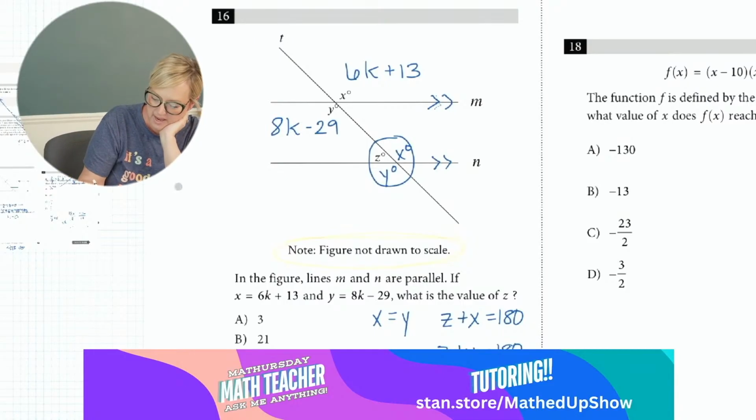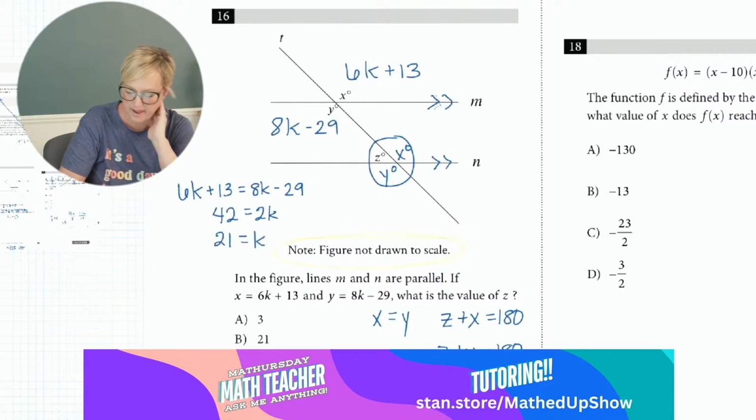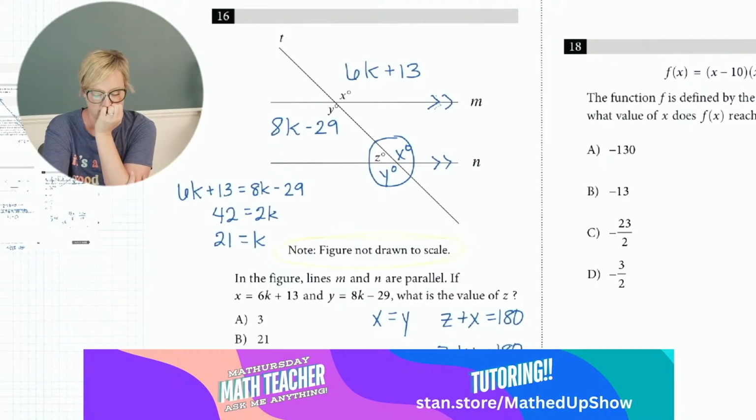So 6k plus 13 equals 8k minus 29. I'm going to add 29 to both sides. That gives me 42 equals 2k. So then 21 equals k.